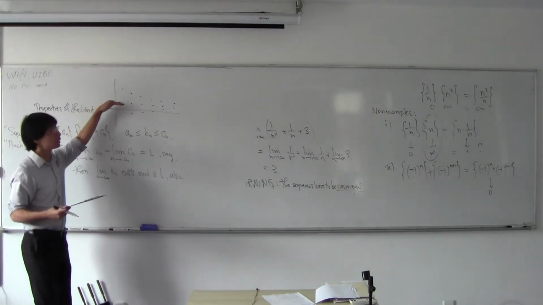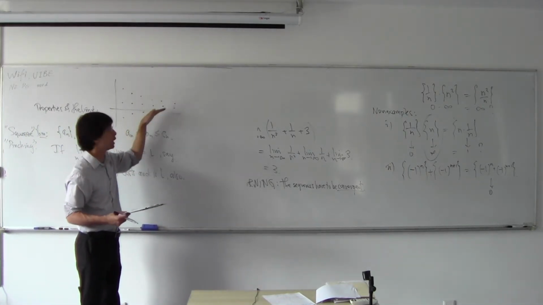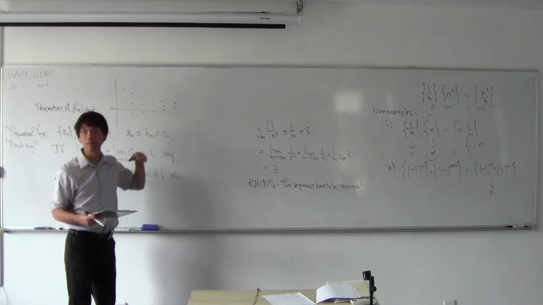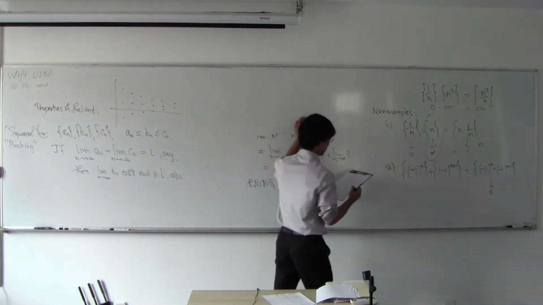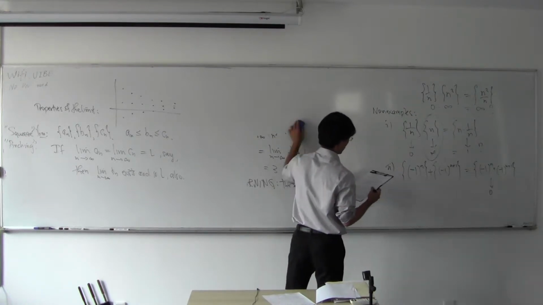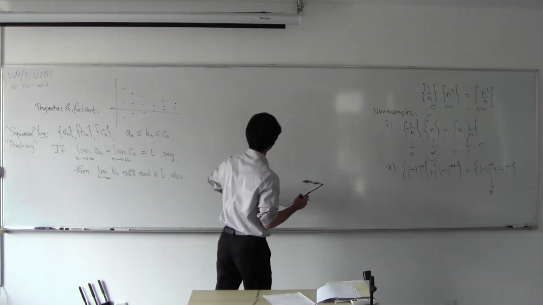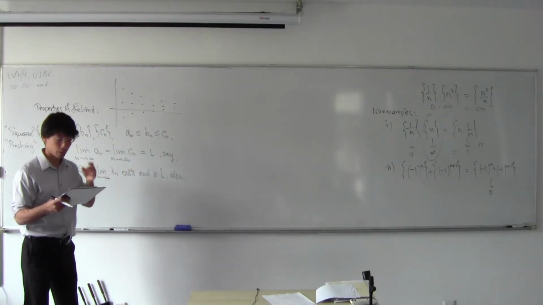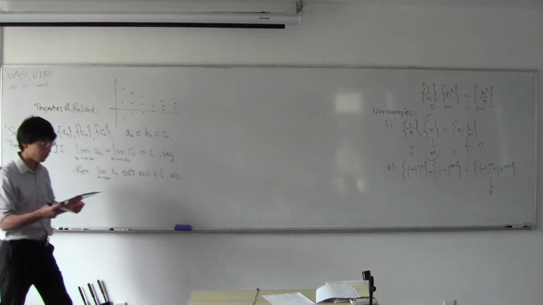Like this guy in the middle gets squeezed, and if the top guy and the bottom guy both tend to some number, then the guy in the middle has to have a limit and end up with that number too. So this is useful in establishing limits.